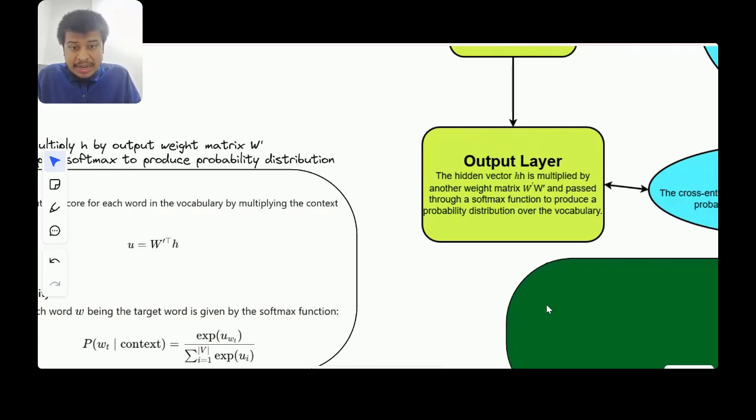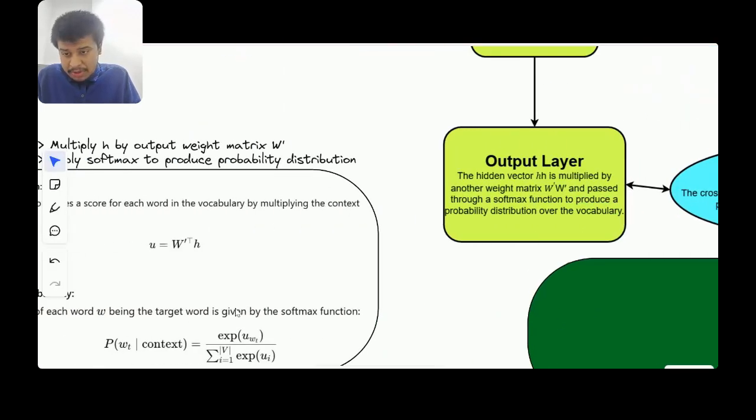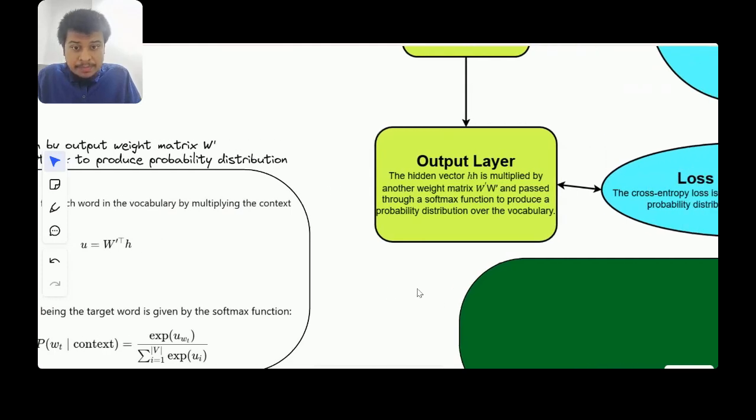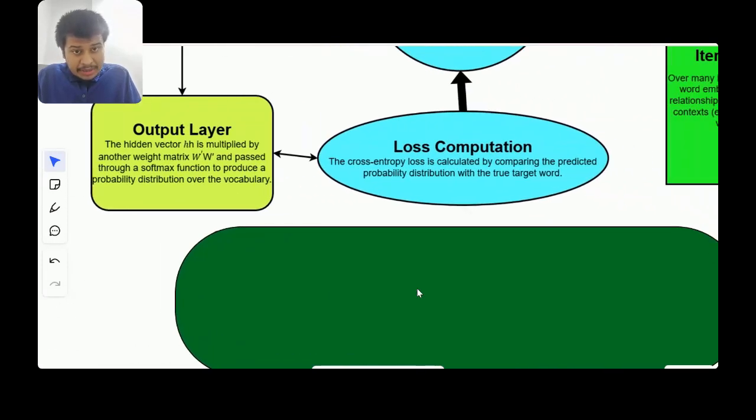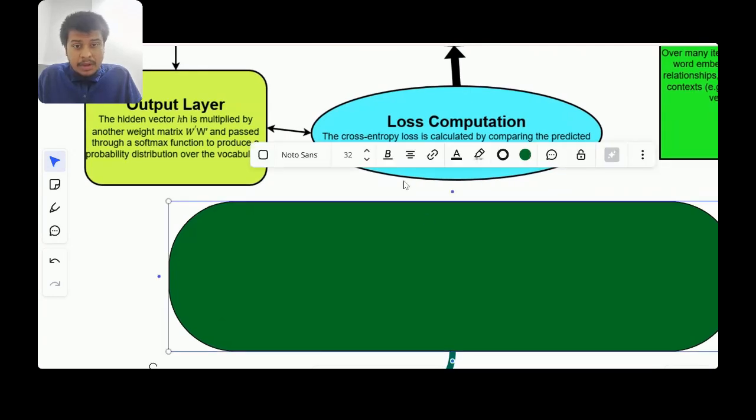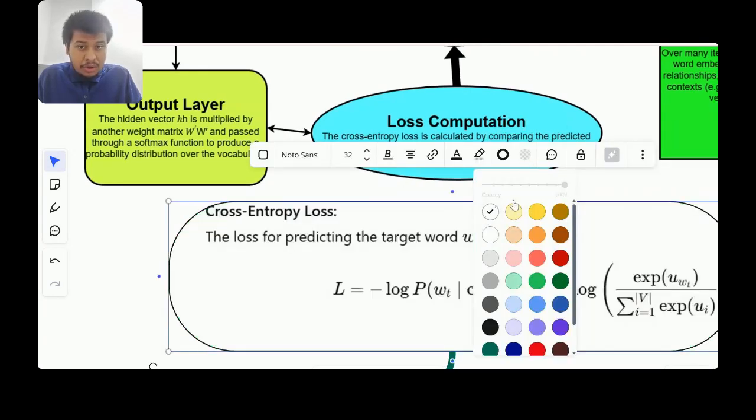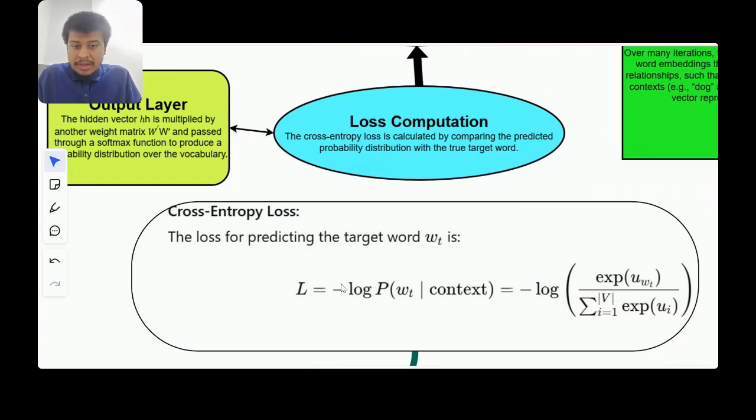After getting this, we use the softmax probability based output as an input for the loss function, for calculating the loss. How do you calculate the loss here? We use cross entropy. We directly give the probability into a minus log, and then you get this cross entropy loss.